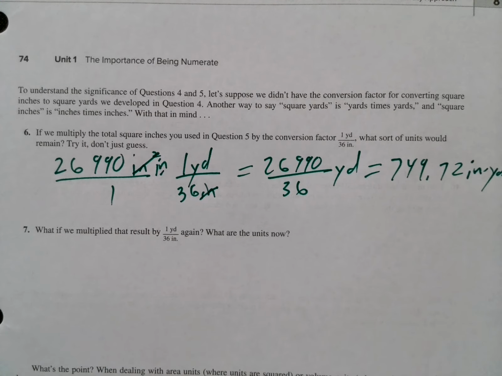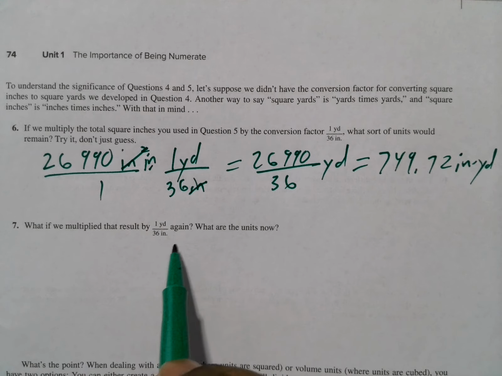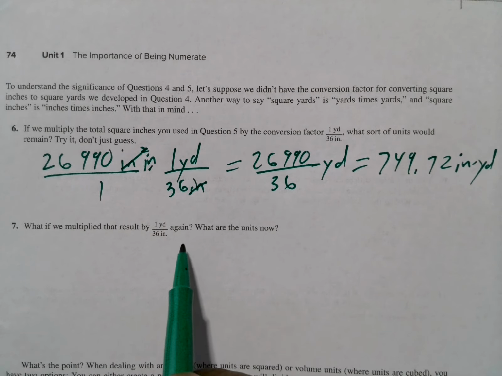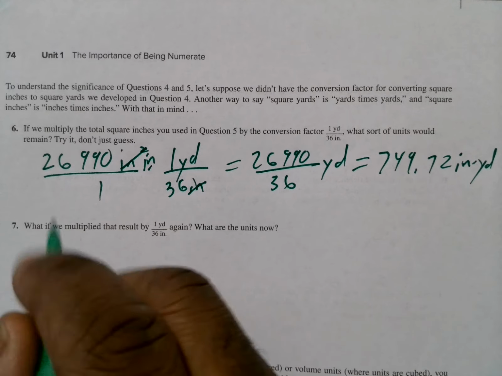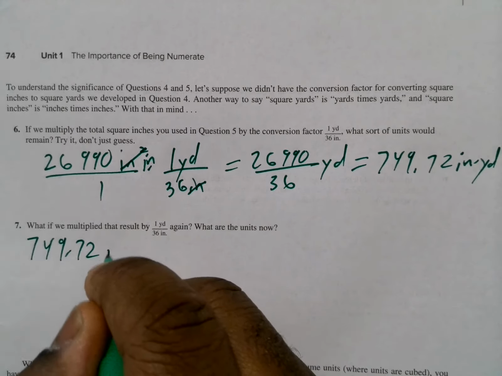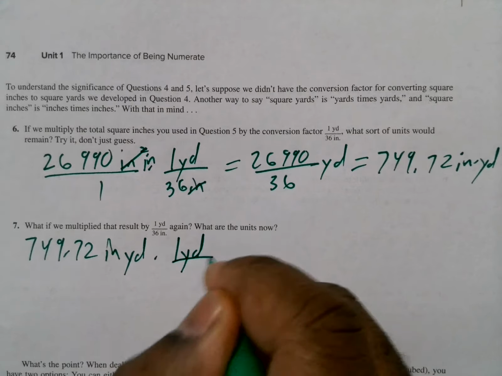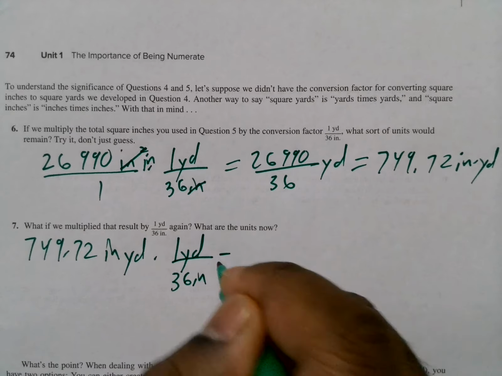Now it says, what if we multiply that result by 1 yard over 36 inches again? So we would have 749.72 inch yards multiplied by 1 yard over 36 inches.